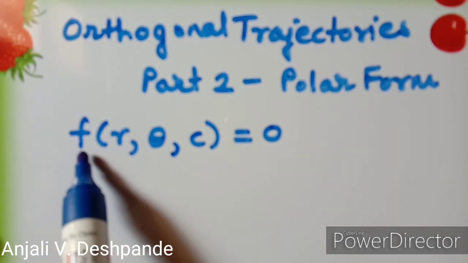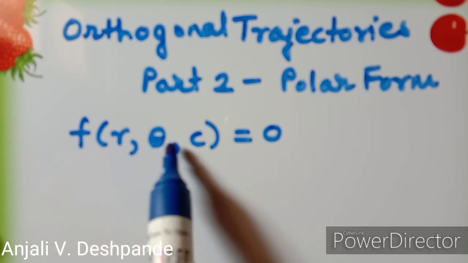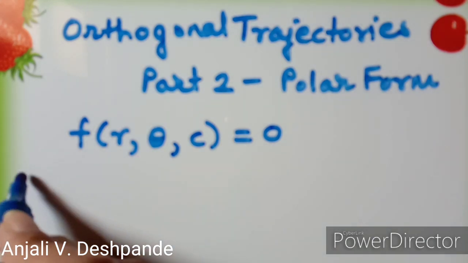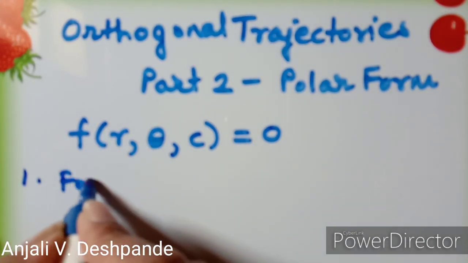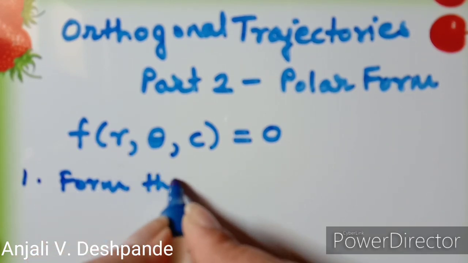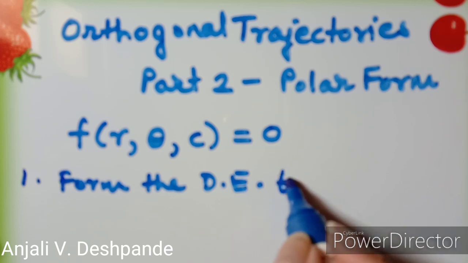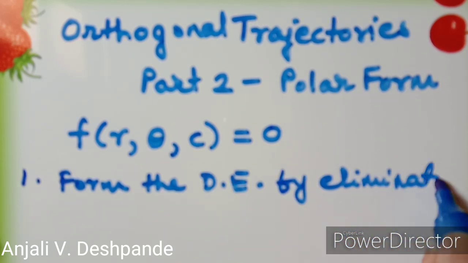So if we are given the equation of the family of curves in polar form, which is f of r, theta, c is equal to 0, then as before the procedure remains the same. First, form the differential equation by eliminating the constant, that is, in this case c.